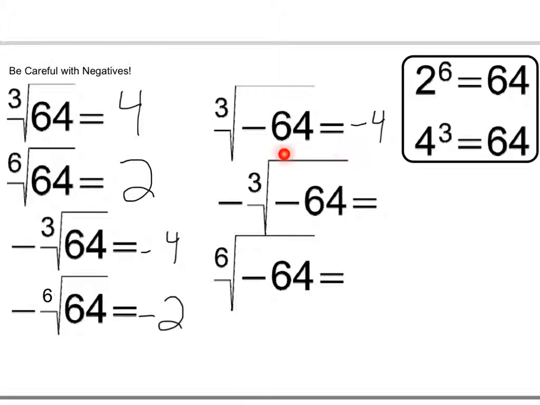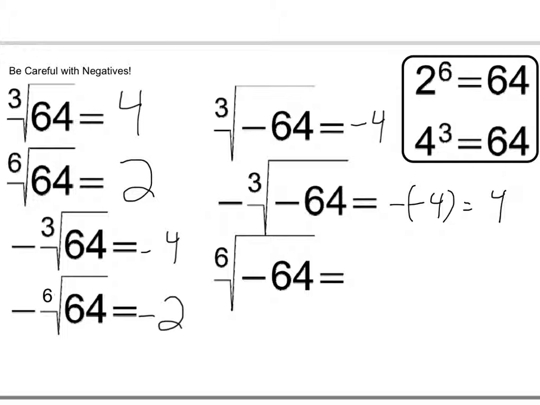Instead, just evaluate the radical first and then make your answer negative. In the previous example, we showed that the third root of negative 64 was negative 4. And now I just need to make my answer negative. But since it's already negative, a negative times a negative equals a positive 4. Once I evaluate, I get rid of the radical, and now the negatives can combine to make it positive.